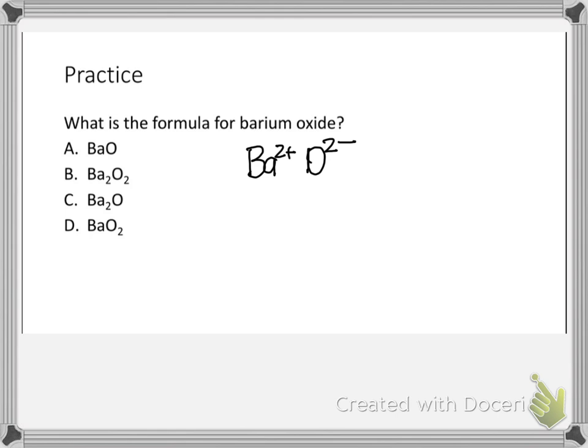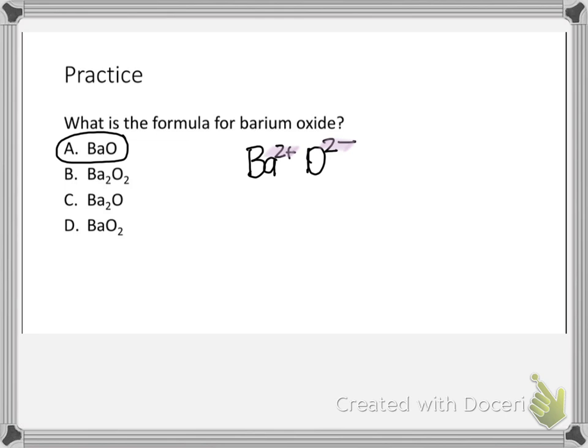And I hope you say, oh, they have the same number. And remember, when they have the same number, it's a 1-to-1 ratio, because a 2 plus cancels with a 2 minus without doing anything.